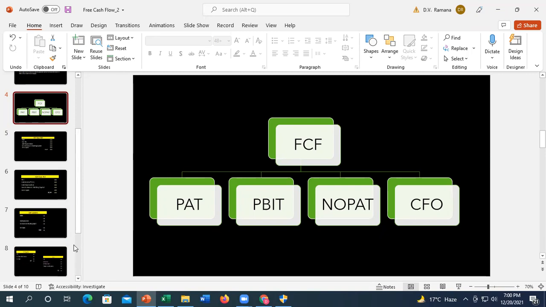From the FCFF, if you make adjustment for interest and the change in the debt, you get free cash flows to equity. Now you may ask, what is the need, purpose and use of calculating FCFF?